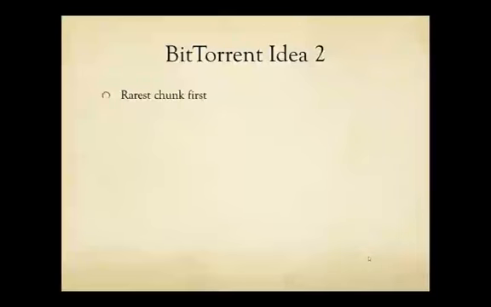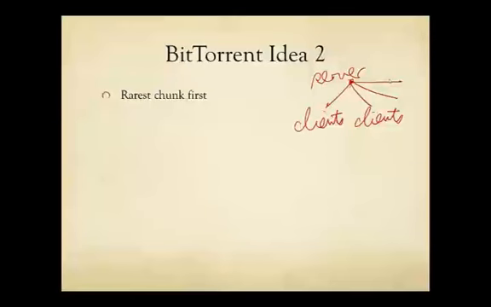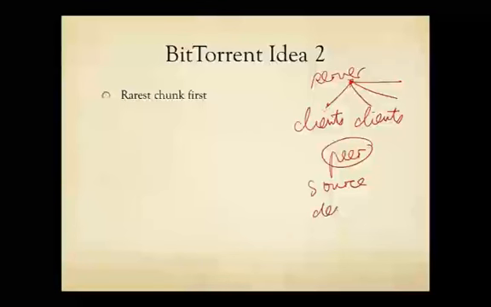Smart idea number 2 is that in the old days, when we talked about distributing a file, we said there is a server and there are many clients. And the server will distribute this file to the different clients. But now when we say there is a peer, is it a server or is it a client? It's actually both. It's both the source and the destination.